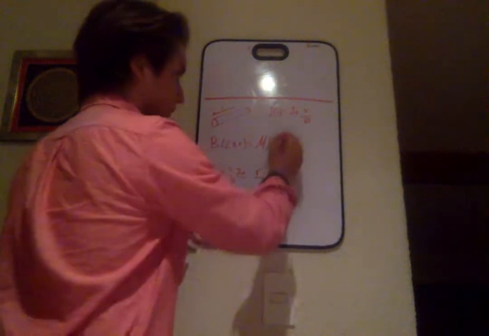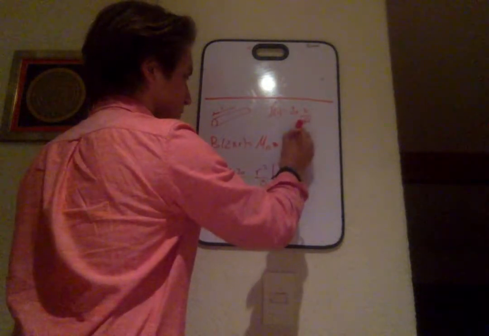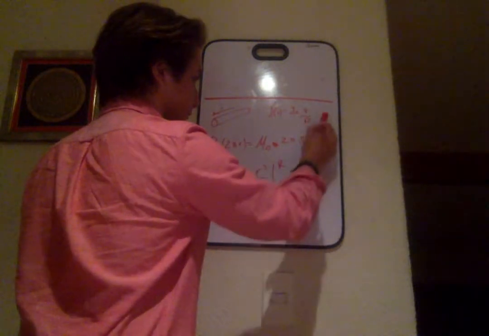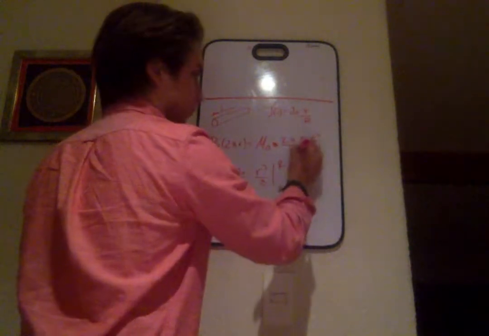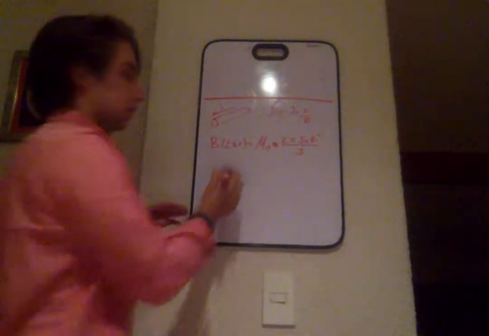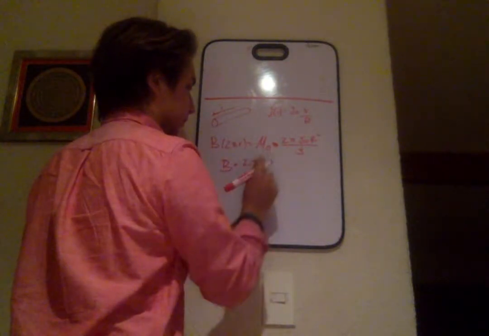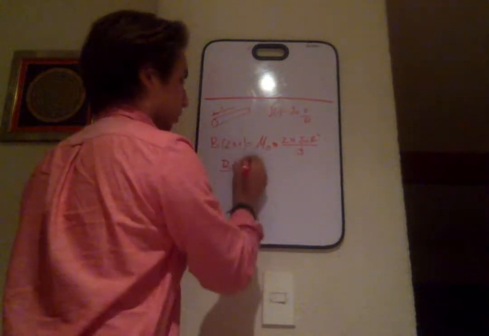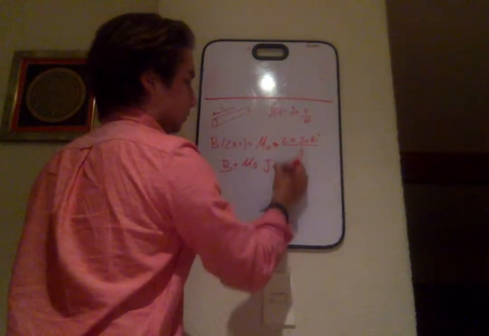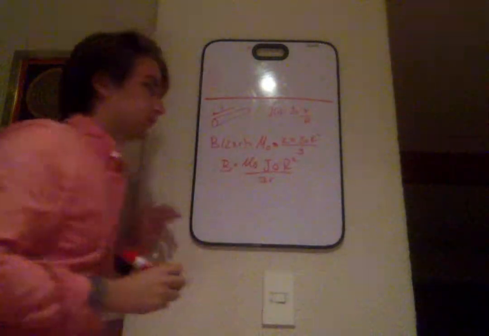So we have 2 pi j0 R squared over 3. And if we solve for B, that's the magnetic field, then the 2 pi goes away, and we have mu naught j0 R squared over 3r.